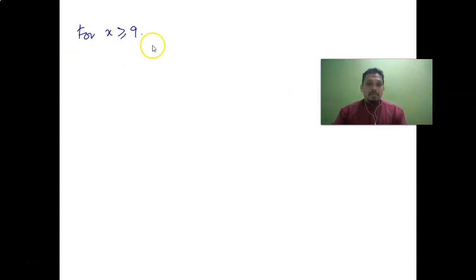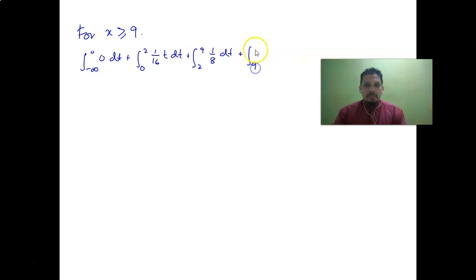Okay, so it is the integral from negative infinity until 0 of 0 dt, plus from 0 until 2, the function involved here is 1 over 16t dt, plus from 2 until 9, 1 over 8 dt, plus from 9 to positive infinity 0 dt.